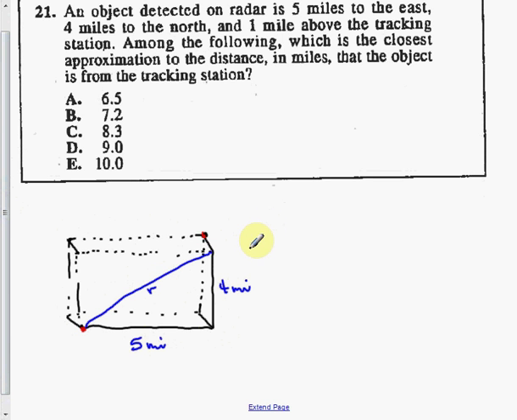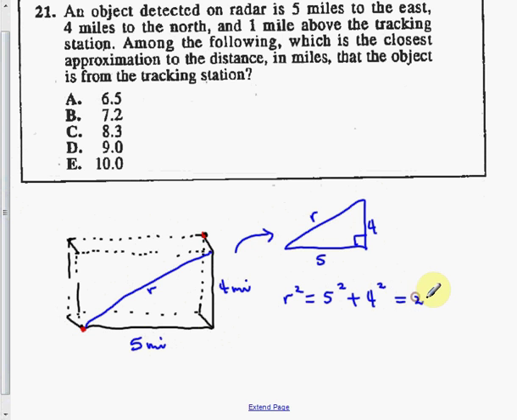And if I can extract this out, what this means is that I have something like this. So this is 5, this is 4, and I want to find here R. So this is a right triangle, so we just use the Pythagorean theorem. So we get R squared is equal to 5 squared plus 4 squared.